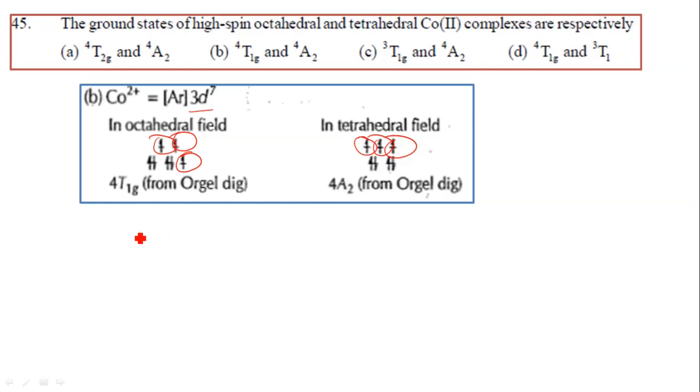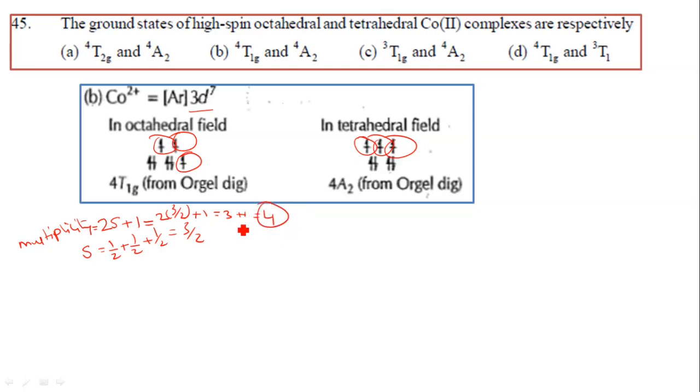For the term symbol from the Orgel diagram, here you have to see the multiplicity 2S plus 1. Here S, due to 3 unpaired electrons, is equal to 3 by 2. So multiplicity is 2 into 3 by 2 plus 1, which is equal to 3 plus 1, that is 4.